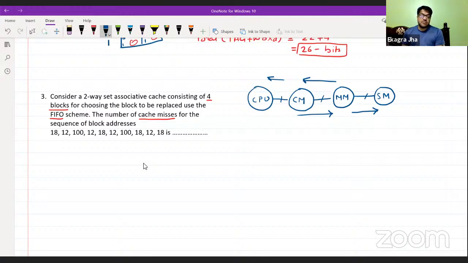If there is a miss, it is a miss ratio, and if it is a hit, there will be some hit ratio. The hit ratio for secondary memory is always considered as 1. Whatever the CPU is looking for is going to be a hit in secondary memory. Secondary memory has everything, but cache memory and main memory are not that large. Because of the small size, especially of cache memory, there are a number of misses to be found.